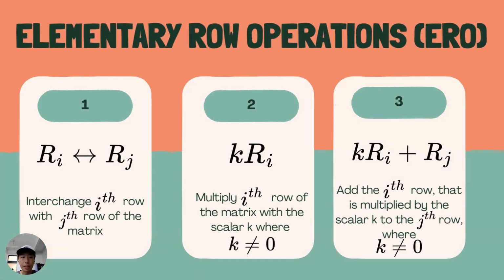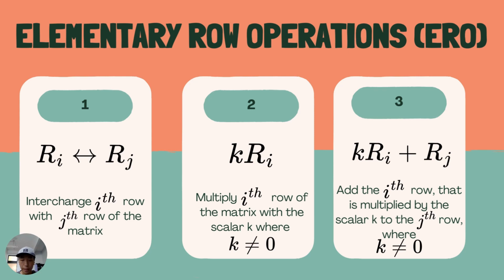Besides, let me explain a little bit about the elementary row operations. There are some notations that will be used when applying ERO. Firstly, interchange the i-th row with the j-th row of the matrix. This process is denoted as Ri interchange with Rj. Secondly, multiply the i-th row of the matrix by the scalar k, where k is not equal to 0. This process is denoted as kRi.